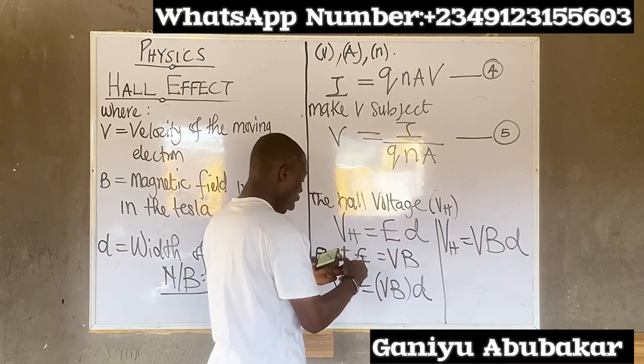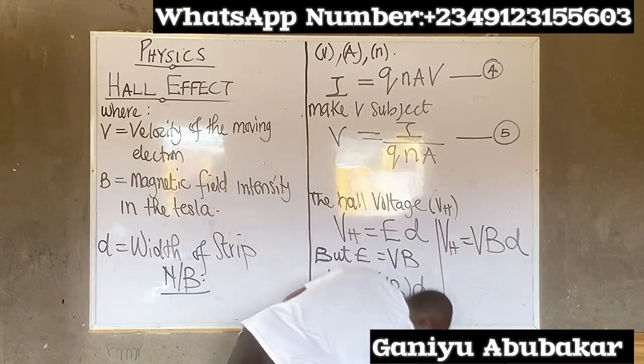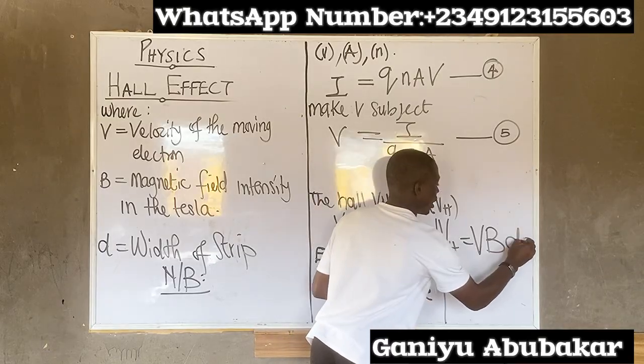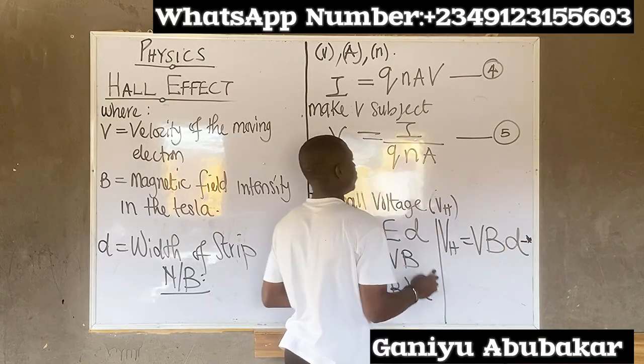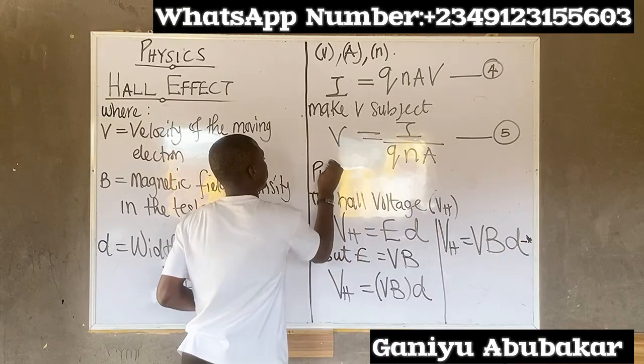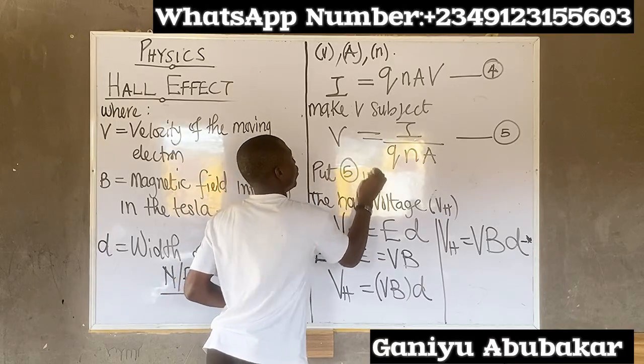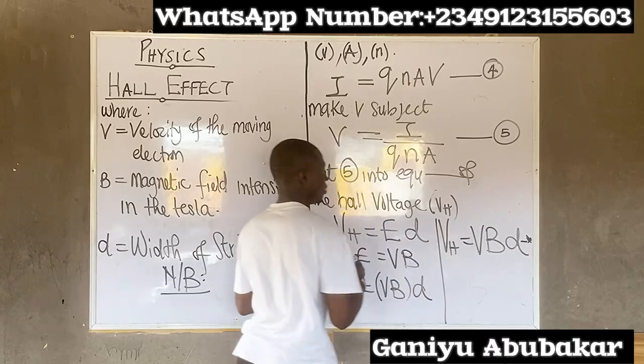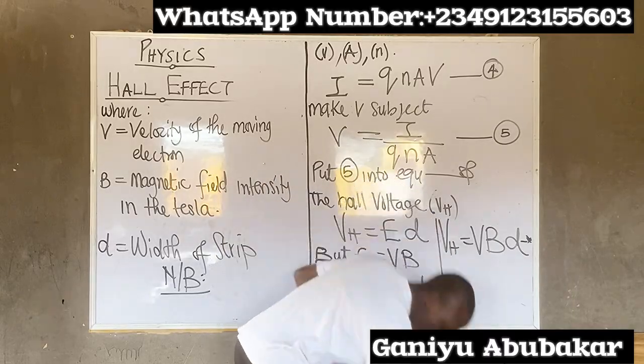Next task now, I'll put 5 into this equation. Let's call this equation asterisk. So put 5 into equation asterisk.